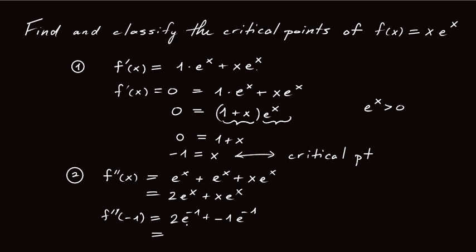That is, I have 2 e to the minus 1s here, minus 1 e to the minus 1 here, so I'm left with only 1 e to the minus 1. But e to the minus 1 is positive because e to the x is always positive, so this is positive. What does that mean? That means that I have concave up, which means the picture looks like that, and so x equals minus 1 is a local min.